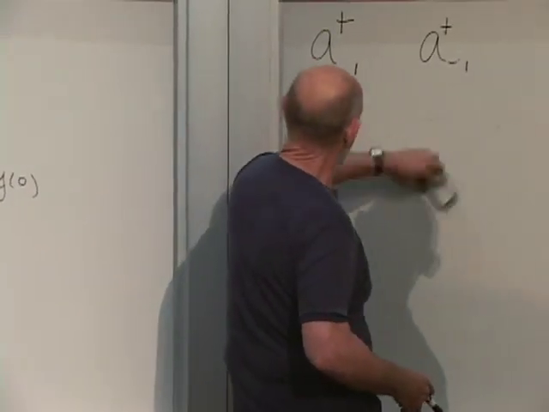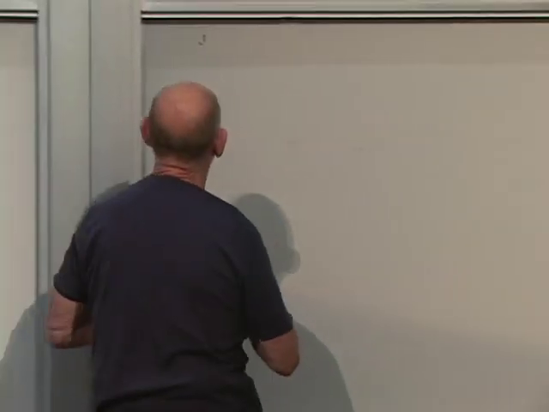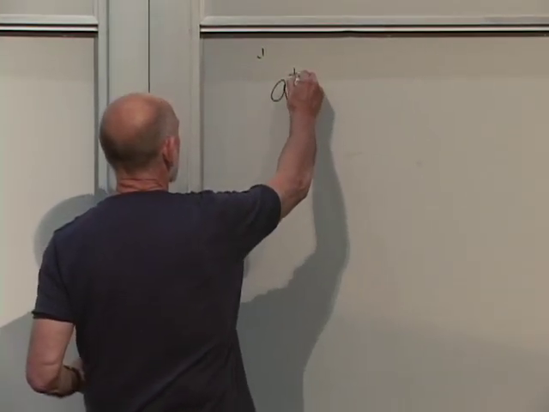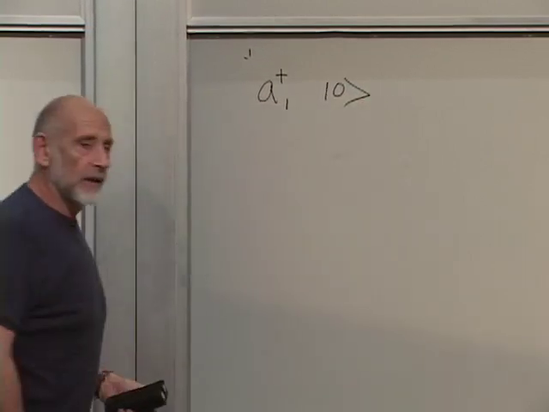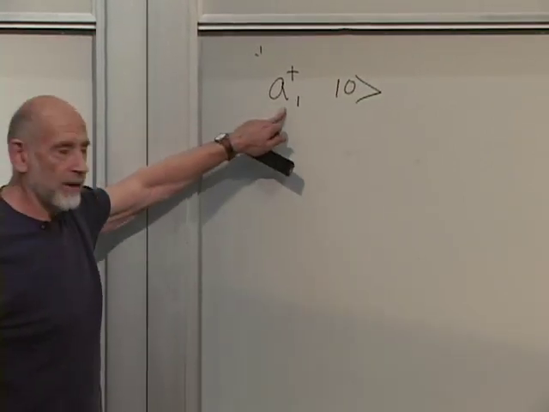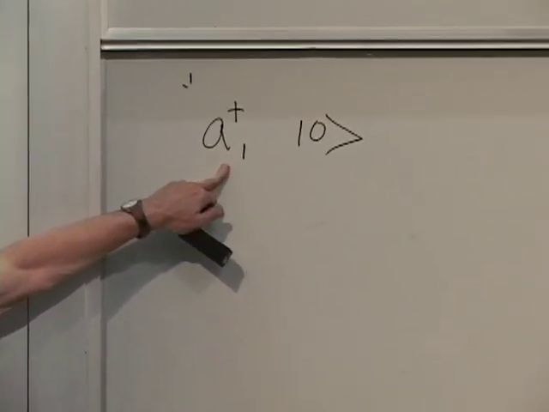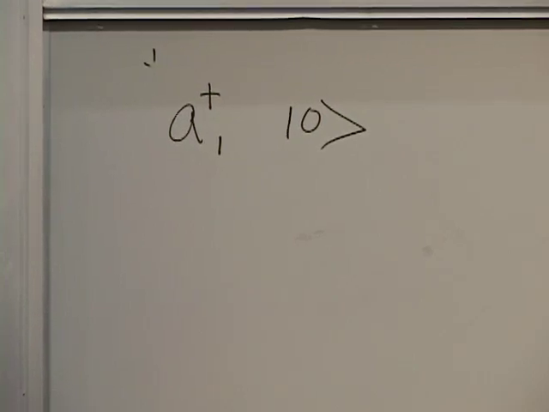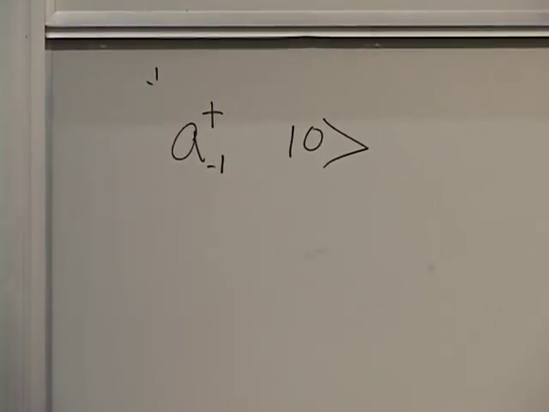Well, let's see what ones there are. There's A plus 1, O. That has 1 unit of right-moving energy, so it doesn't satisfy the level matching rule. How about minus 1? It has 1 unit of left-moving energy.